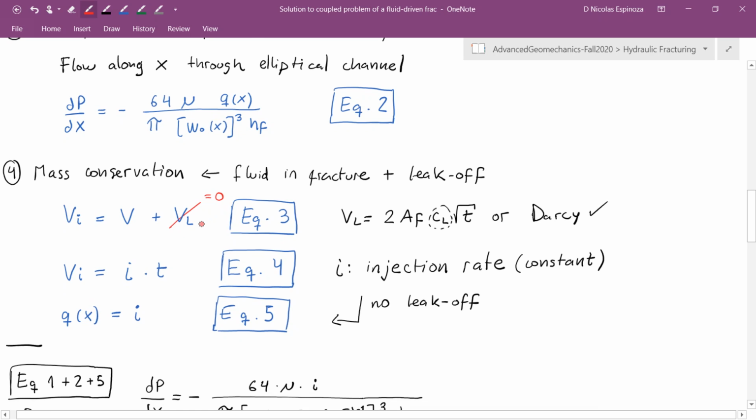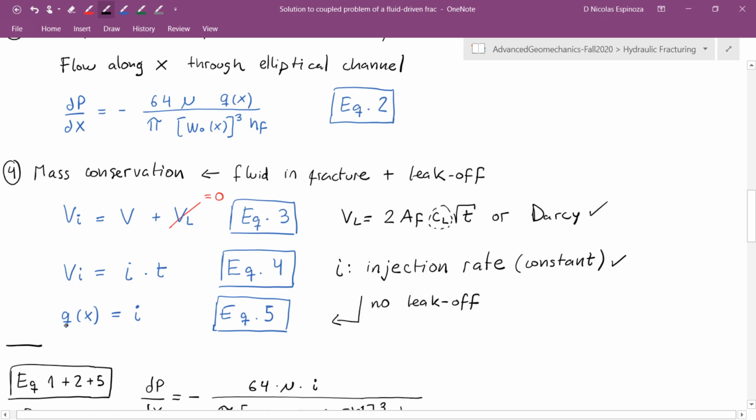Assuming that the leak-off is equal to 0, then I can write the injected volume as a function of time. I'm going to further assume that the injection rate is constant. This is another thing I'm doing in order to make the solution easier. If the injection rate is constant, then the volume of injected fluid is just the injection rate times the time, because this one is a constant.